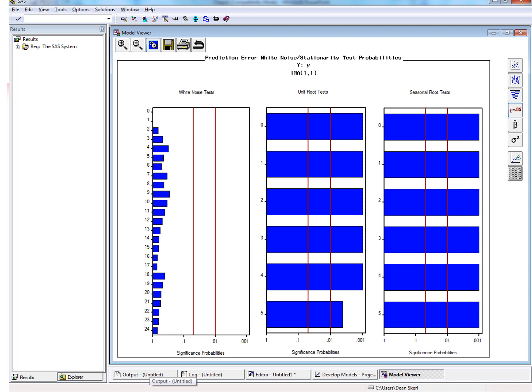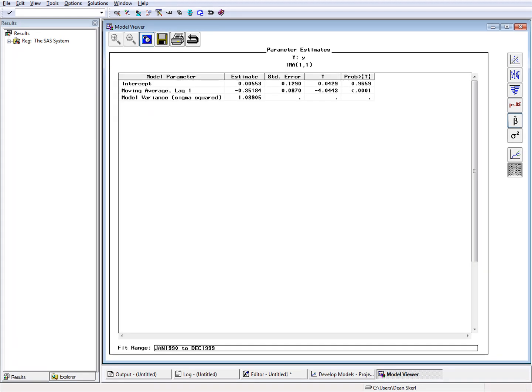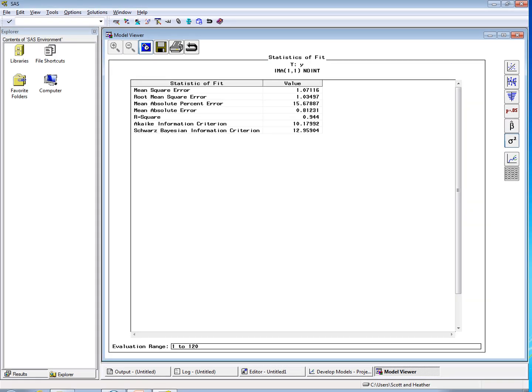Right, and then of course I can click on the beta hats to get my model equation. So there's my model equation. I only have one coefficient, just order 1, so my coefficient's at negative 0.35. And if I wanted some model fit diagnostics, I can click that sigma square button on my dashboard, and that would give me something like this.